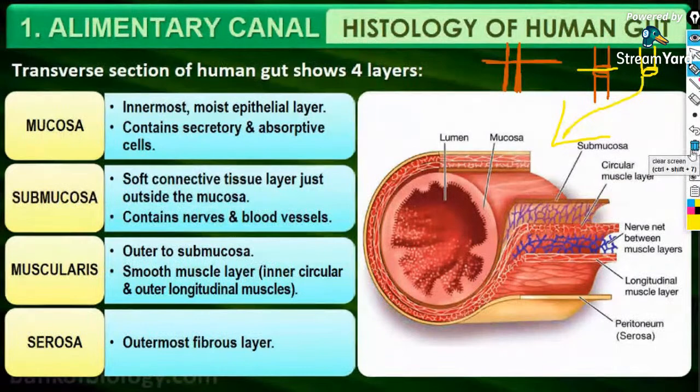We are going to cut the alimentary canal and study the histology of the human gut. Have you understood the point I am trying to convey? That is how we are going to study this histology, the transverse section.